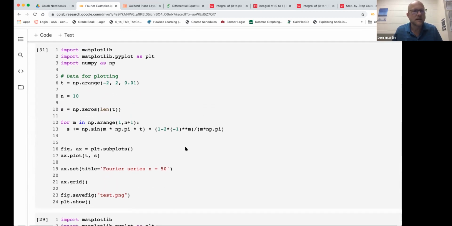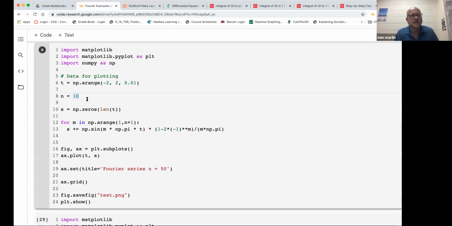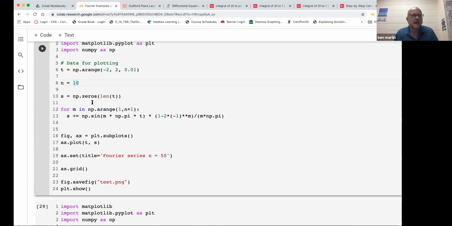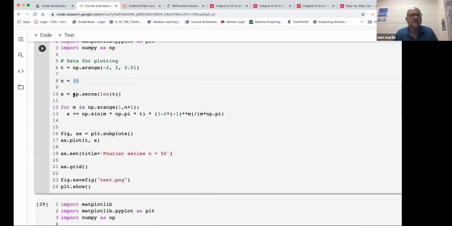So I went along here with the same setup, but because my b sub 0 would turn out to be 0, instead of np.ones, I'm going to go ahead and use np.zeros. So it'll generate a bunch of zeros in there.